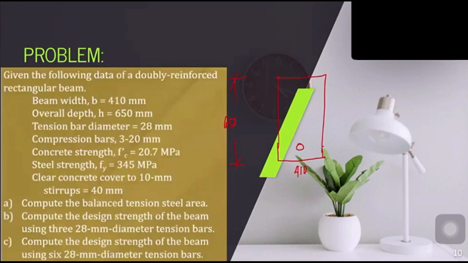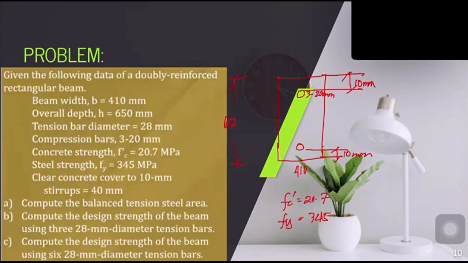Then we have a compression bar at 3 pieces 20 mm. The concrete strength is 20.7. The strength of steel 345 MPa. Clear cover is 10 mm. So meron kang clear cover na 10 mm. So clear cover din sa taas is 10 mm.